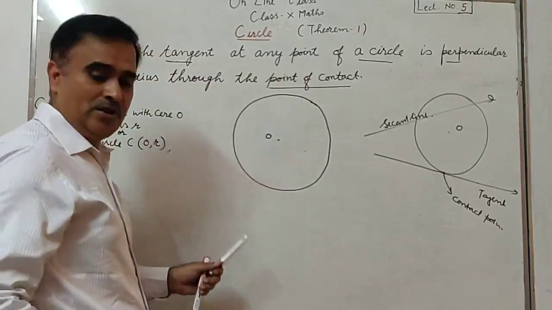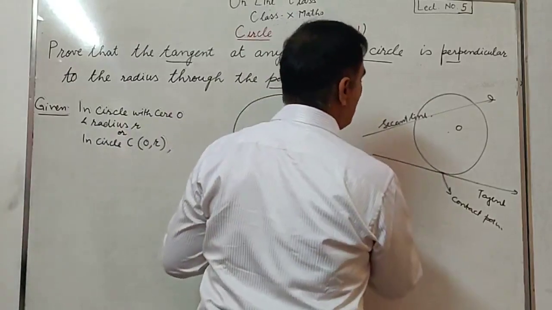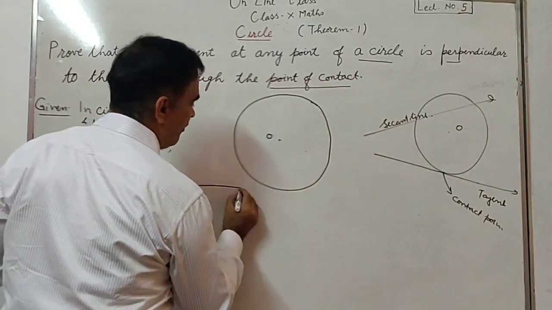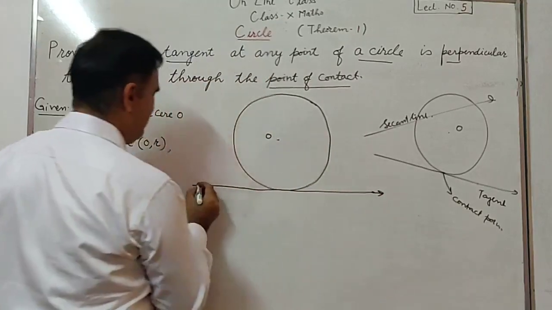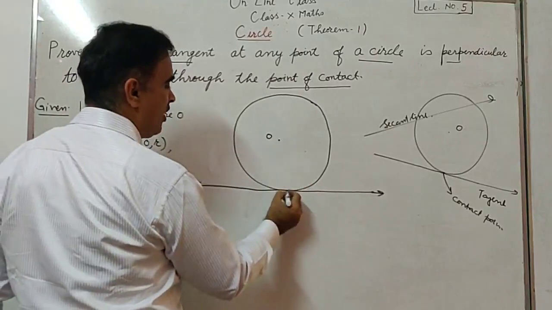So here also there is a tangent. We are to draw a tangent. This is a tangent line we have taken. This is P, the point of contact.